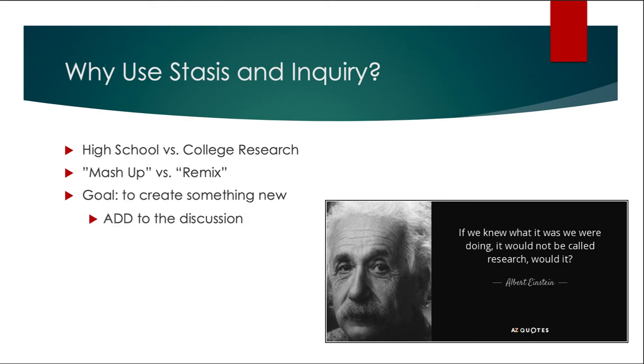The goal with college level research is to create something new. So just like a remix is a reimagining or a brand new take on an original song or an original idea, college level research asks you to do a little more than just find the facts that have already been agreed upon. It wants you to add to the discussion.